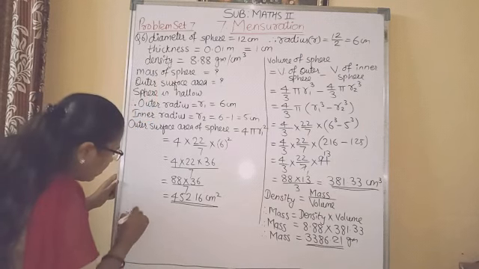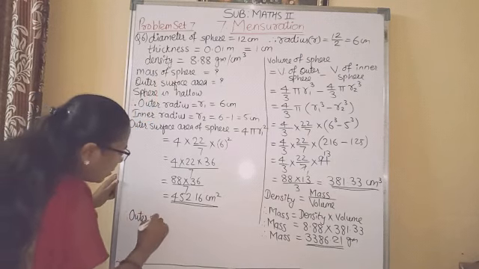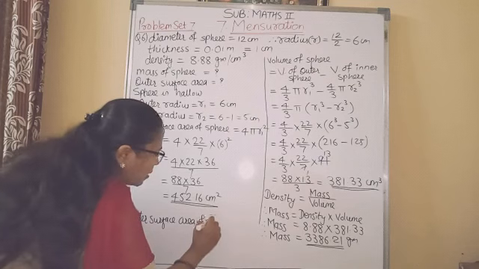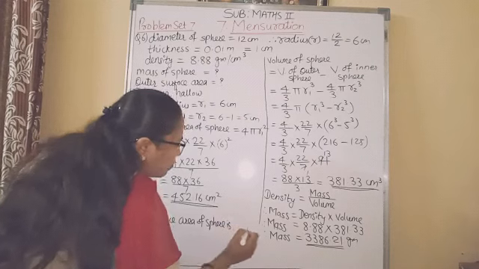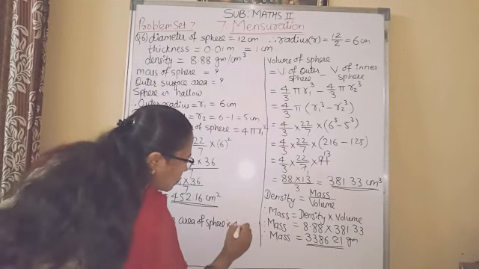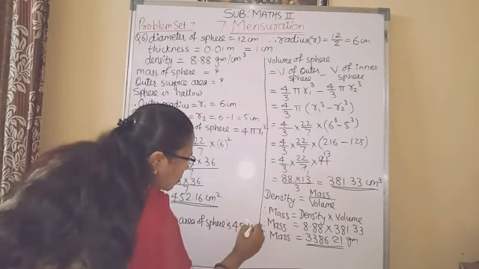Therefore, outer surface area of sphere is 452.16 centimeter square and mass of sphere is 3386.21 gram.